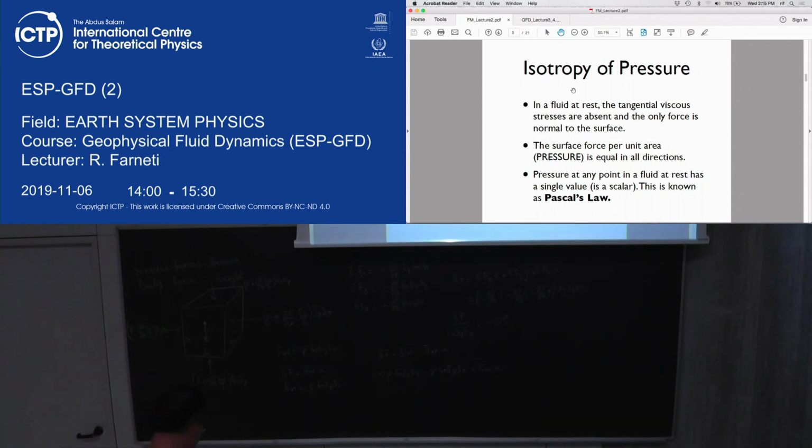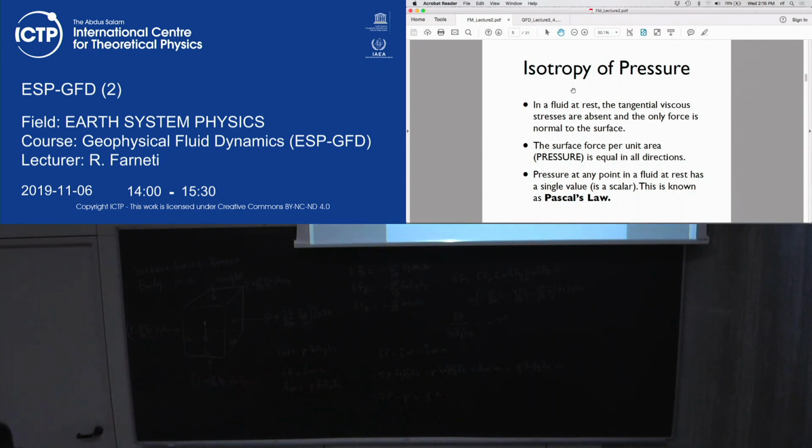Okay, we are in static conditions, and this is rho delta x, delta y, delta z times acceleration. You can get rid of the infinitesimal volume of the fluid: minus grad P, minus gamma, equals rho times the acceleration.